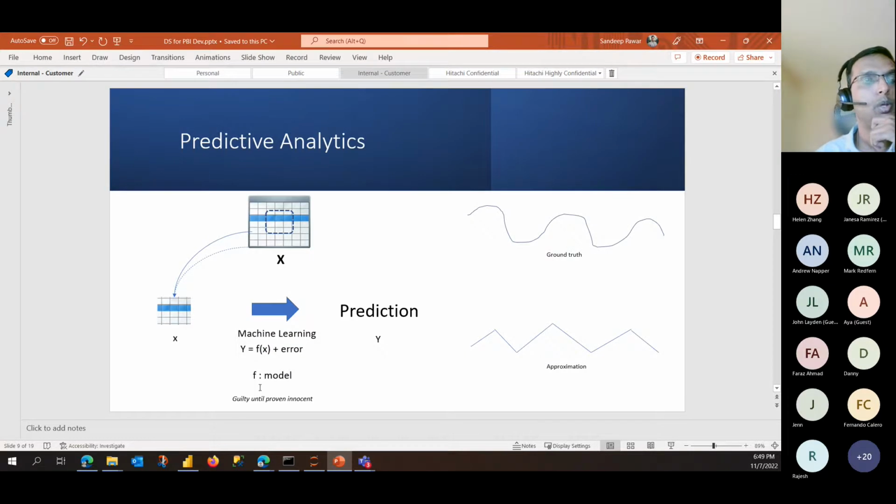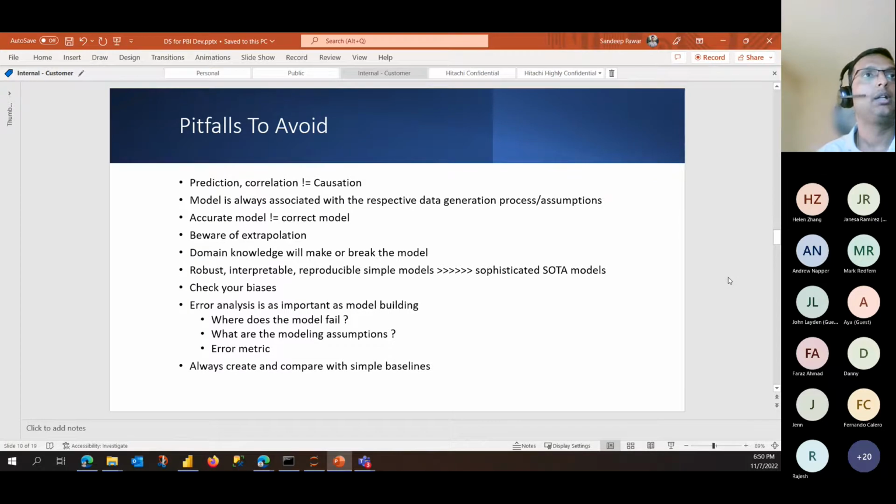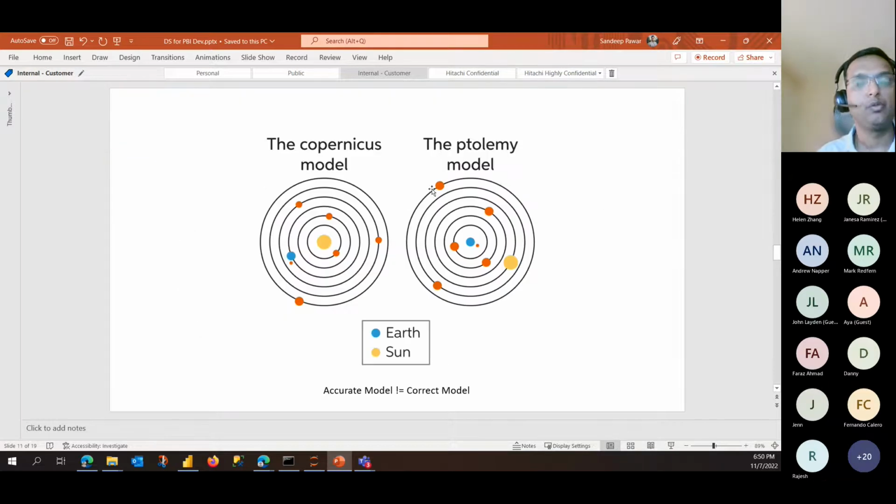A data scientist will also tell you that my model is 90% accurate, 95% accurate, 100% accurate, whatever it is. But an accurate model does not necessarily mean a correct model. An example of that is, in the 1400s or 1500s, Copernicus and Ptolemy, they were the two scientists who created this whole model of how our solar system works.